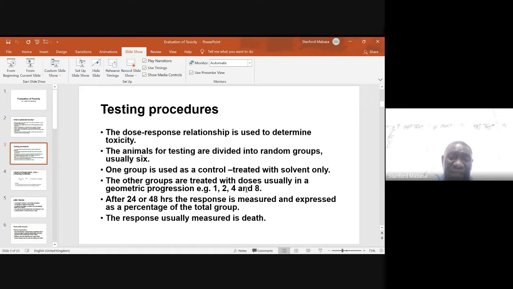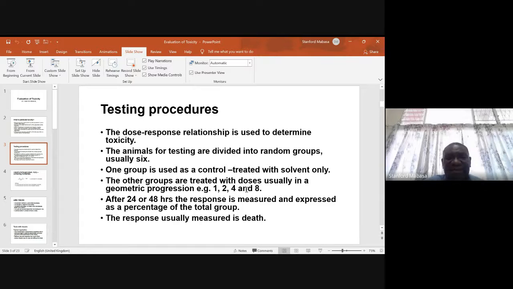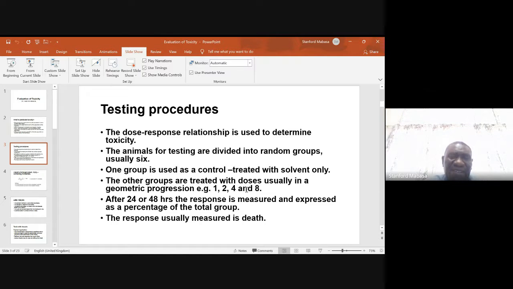So you can vary the concentrations and feed the animals with those concentrations of a pesticide. It sounds cruel. And then you have to check how many animals are dying so that you get the dose response relationship graph.